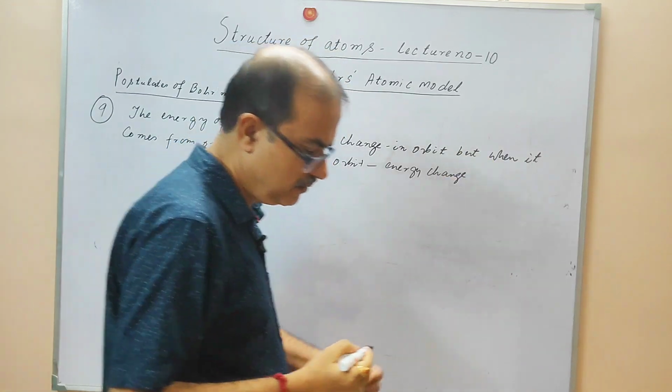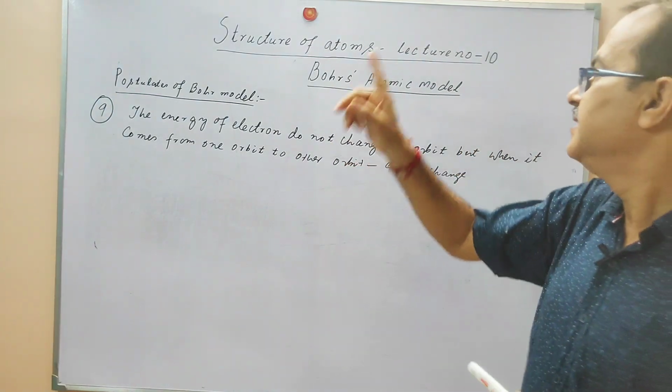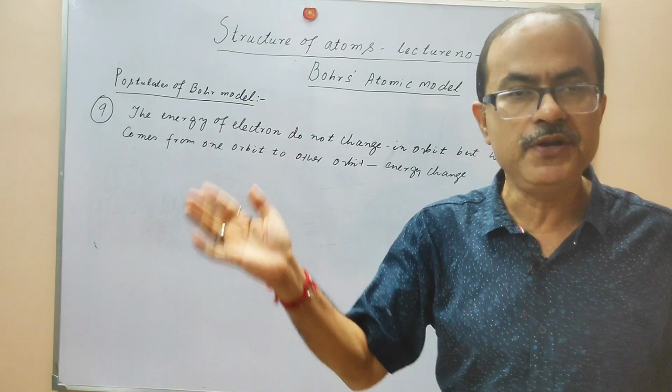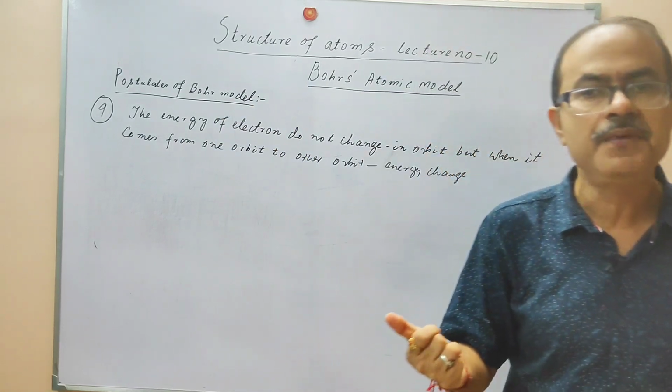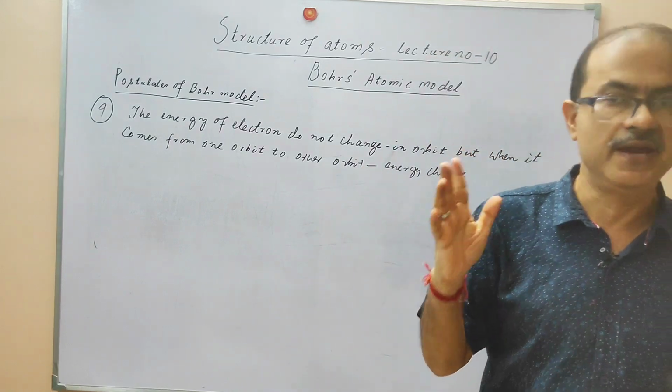Energy is not going to change when it is in the same orbit. But when it comes from one orbit to the other orbit, its energy is going to change. At that time, it can either absorb energy or emit energy.